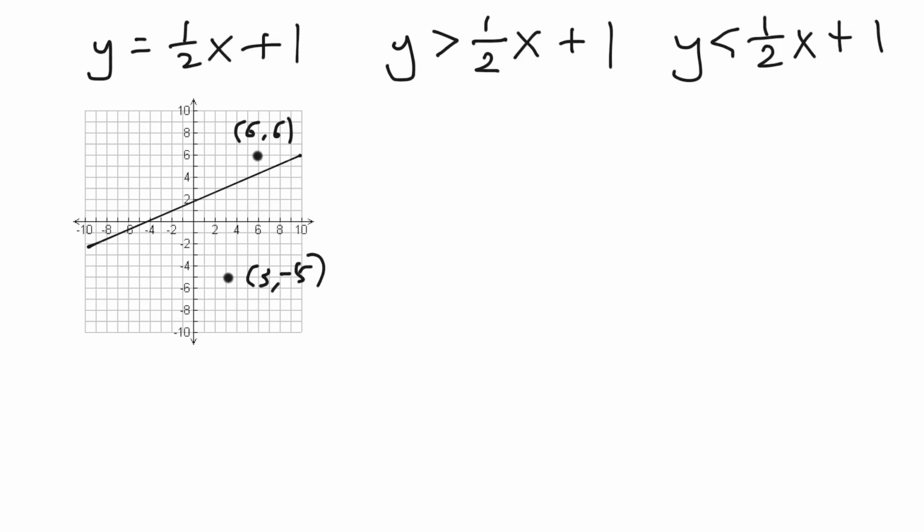And the points that currently lie on this graph will only satisfy one of the two scenarios, if it's greater than or less than. So what we can do is first take the 6, 6 coordinate here, and plug it into the first linear inequality equation.